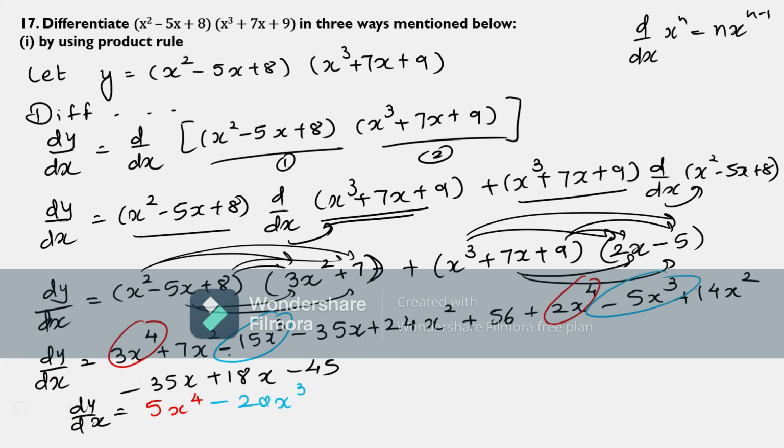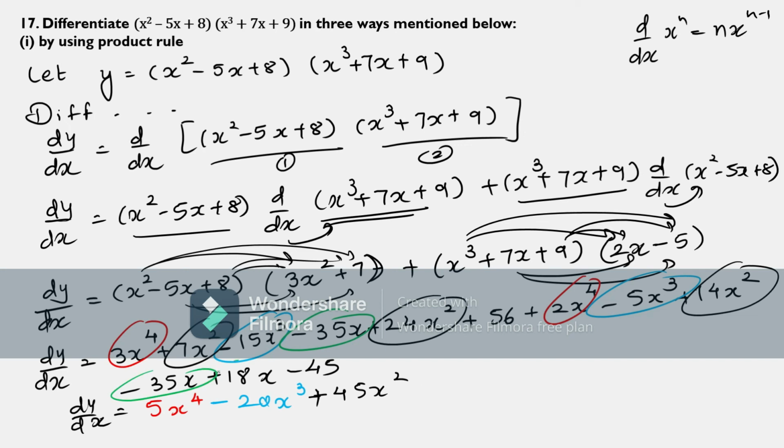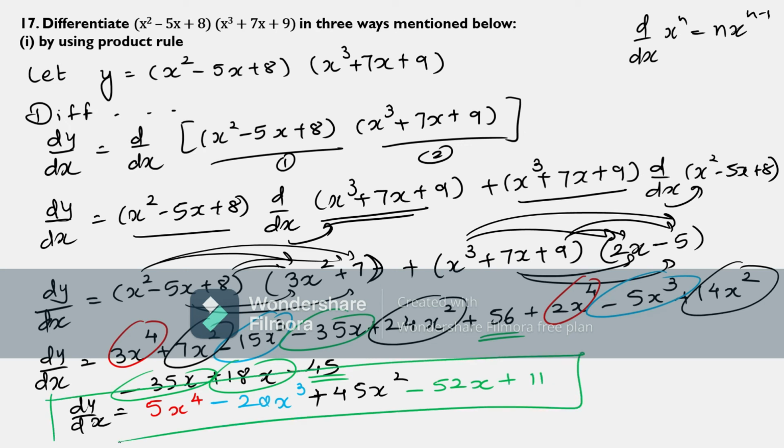And then the square form: 7x square, 24x square makes 33, and then 14, so it is 45x square. Right? And next is x: minus 35x and plus 18x, so minus 52x, and the numbers: minus 45 plus 56, plus 11. This is your answer from the first method.